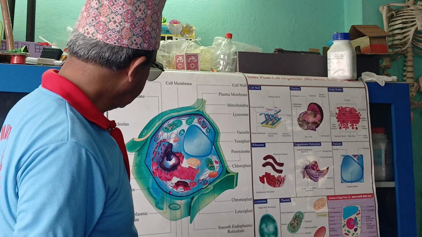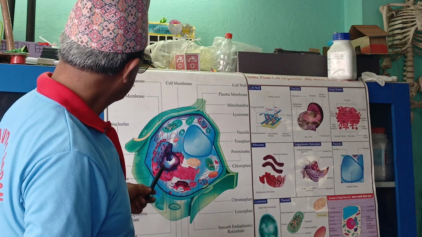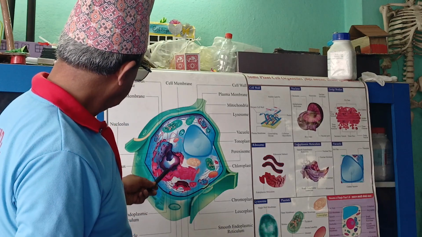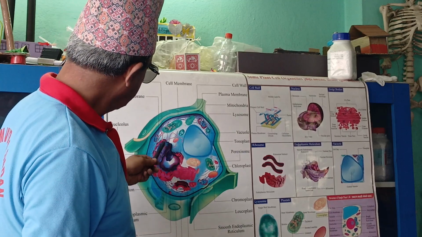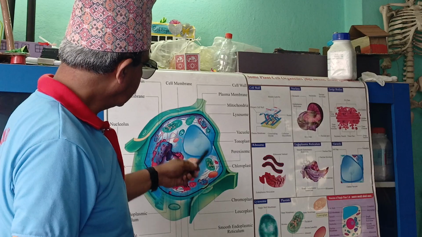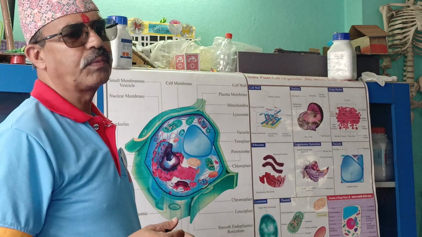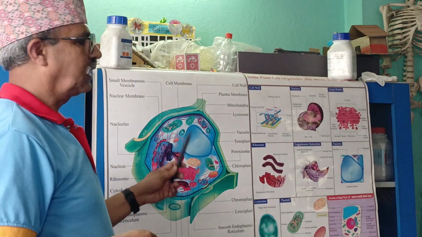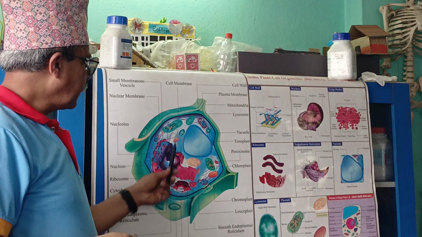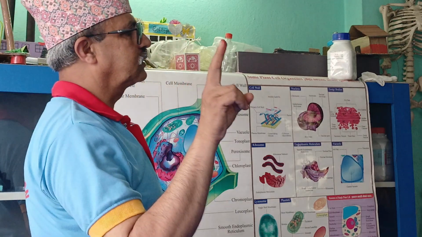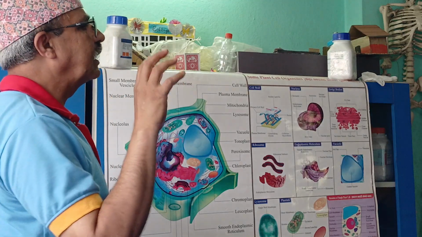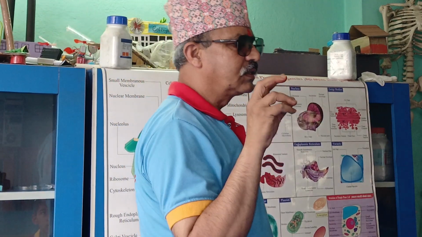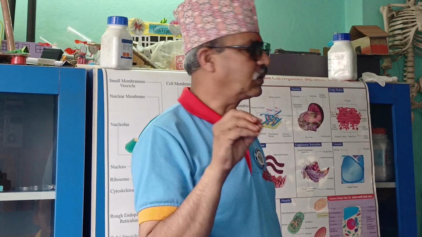One is the nucleus. This is the nucleus, and the rest of the other parts is called cytoplasm. Cytoplasm contains two types of substances: cell organelle and cell inclusion.